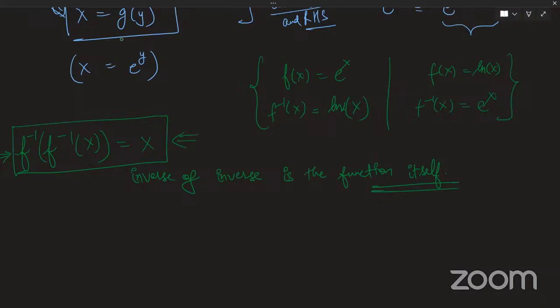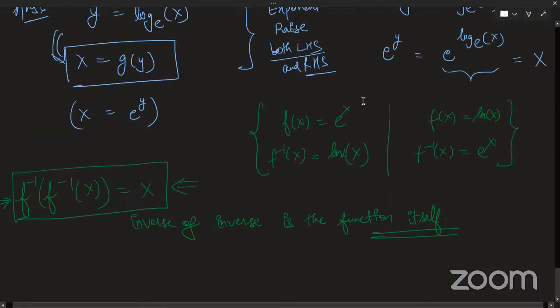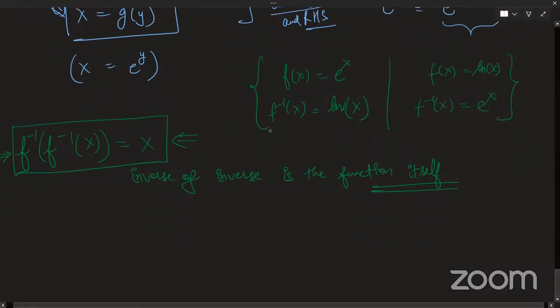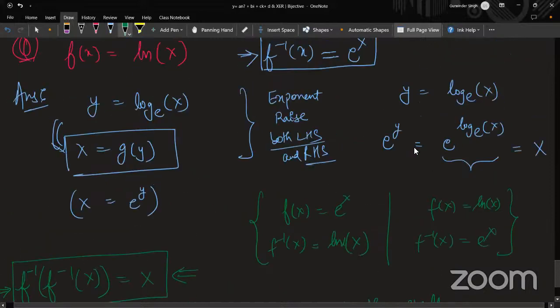Basically the point I'm trying to make is you have a function e raised to x. You take its inverse, so it is ln x. And when you again take its inverse, it gets you back to the function. Okay, so just do this homework.